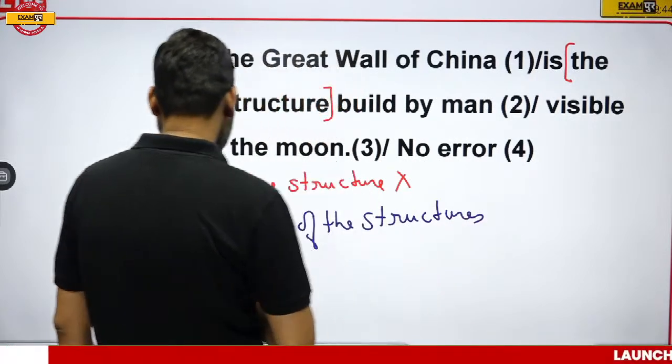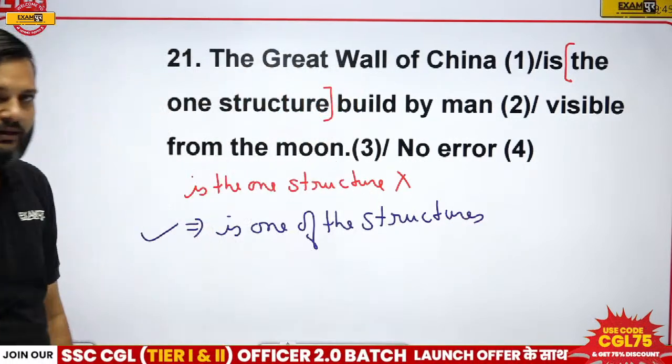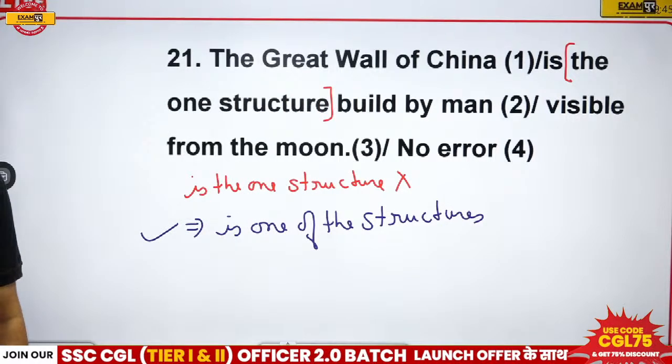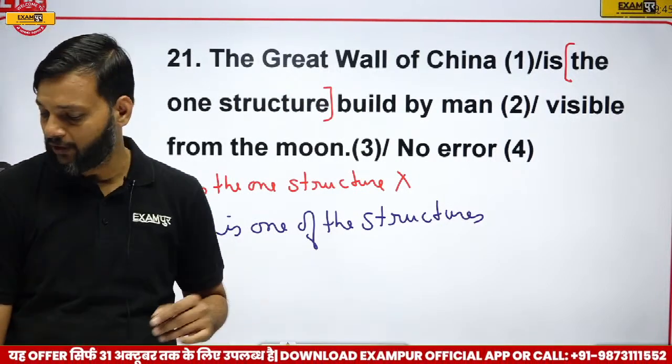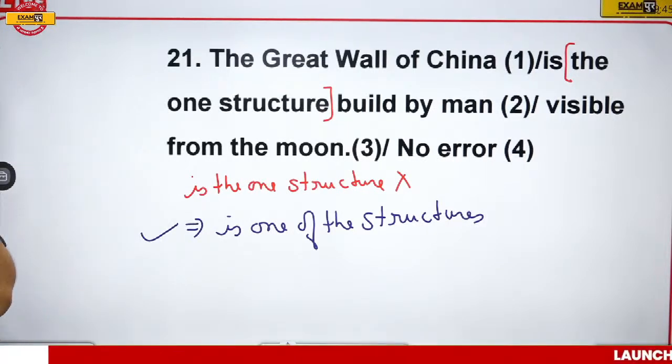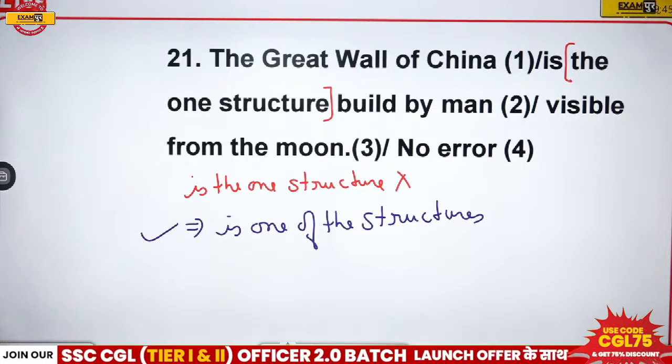Okay, this is the right structure. "Is the one" has no meaning. "Is one of the" should be used in place of "is the one."